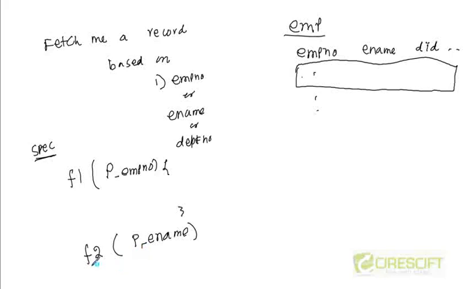Again you define this function f2, and you query select star from employee where ename is equal to p_ename. Similarly, for department number, you create another function f3, which takes a variable called p_department_number, and you query the employee table where department number is equal to p_department_number.